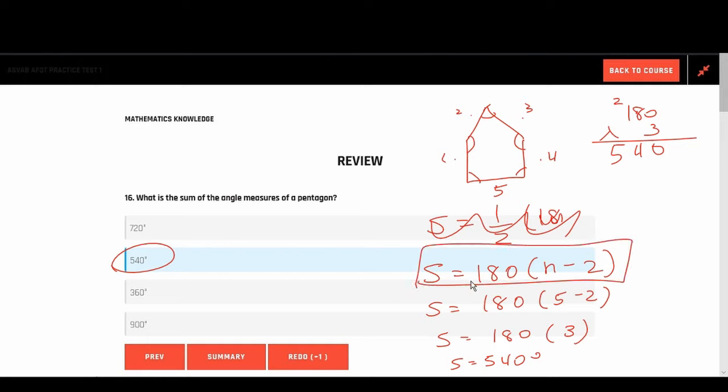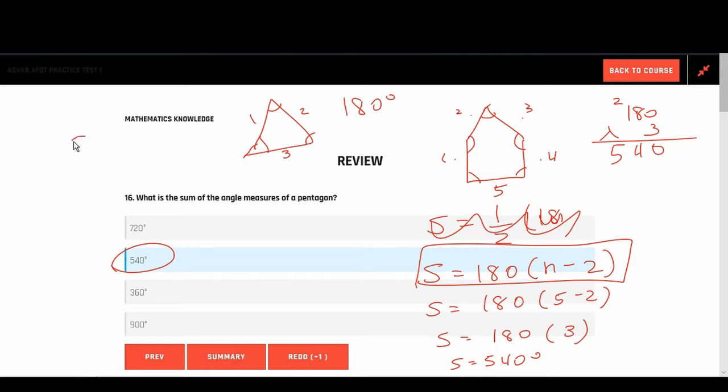If you ever forget this formula, which I just did, and it happens, always think of a triangle. A triangle, you should know, always has interior angles that add up to 180 degrees. So again, I like to think of a triangle when I'm thinking of this formula. A triangle also has 3 sides.